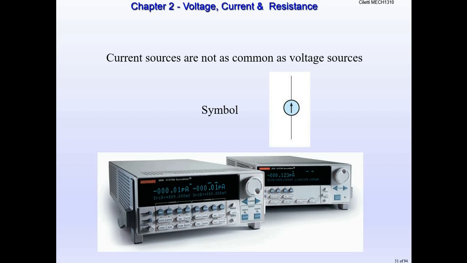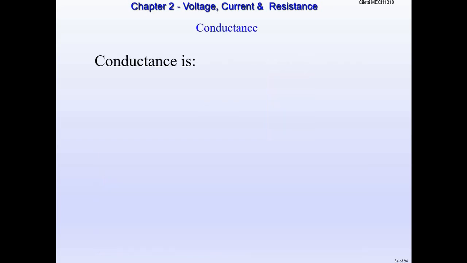The symbol looks sort of like an AC voltage source, but it's a circle with an arrow through it. It's very imperative that you draw that arrow. The arrow represents current. If that was a circle without an arrow, it would be an AC source, and we put a tilde in it instead. But know that this is a current source when you see that symbol.